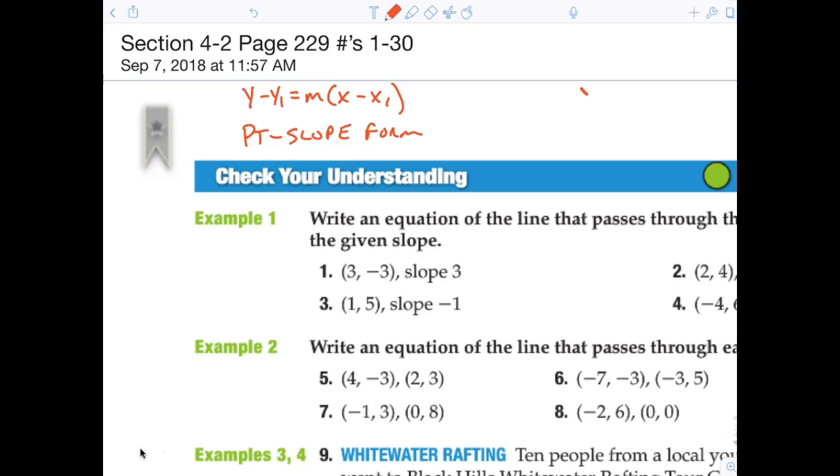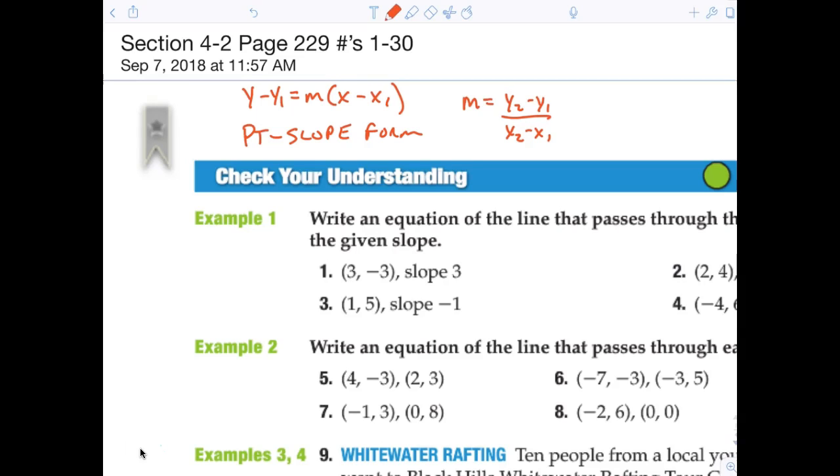Someone asked me a good question this morning, so we're going to demonstrate why that is so easy to remember. Look up. Remember we said the slope was y2 minus y1 over x2 minus x1. We did that last week also.